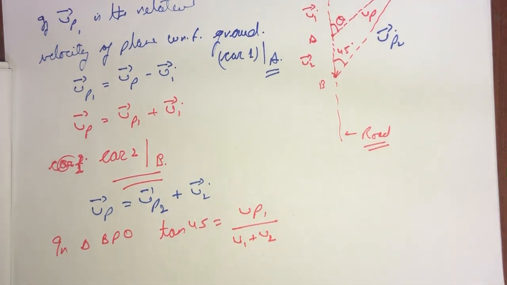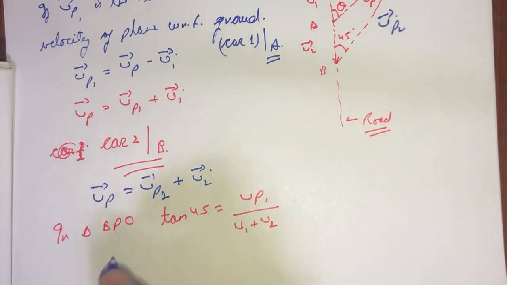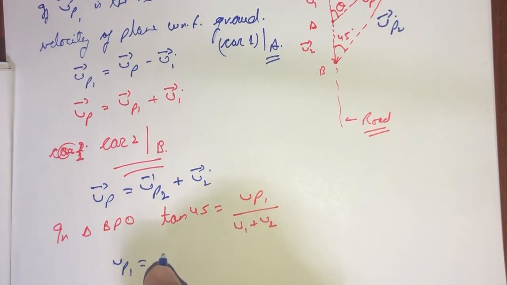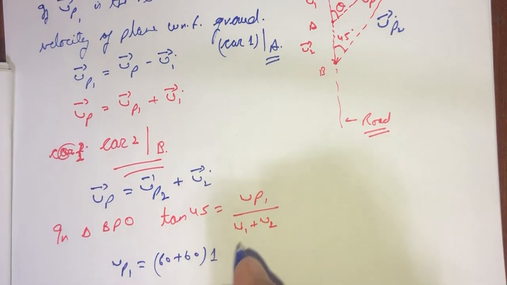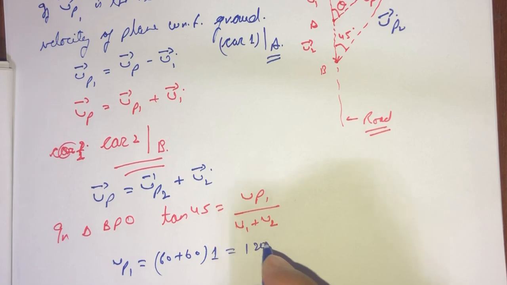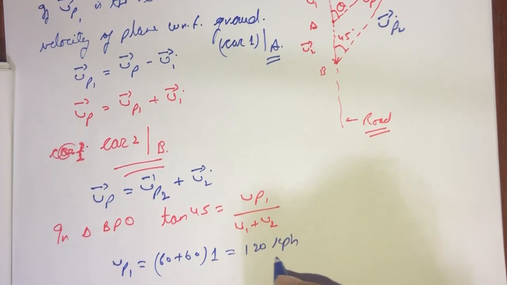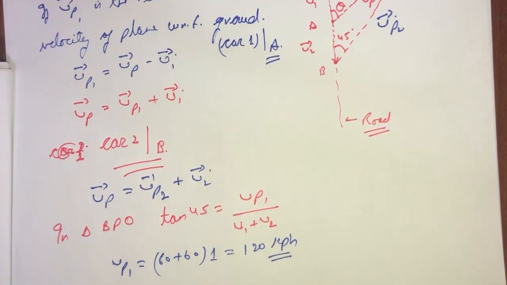Okay, and tangent of 45 is 1. So we can say that Vp1 will be equal to 60 plus 60 into 1. That will be coming as 120 kph.